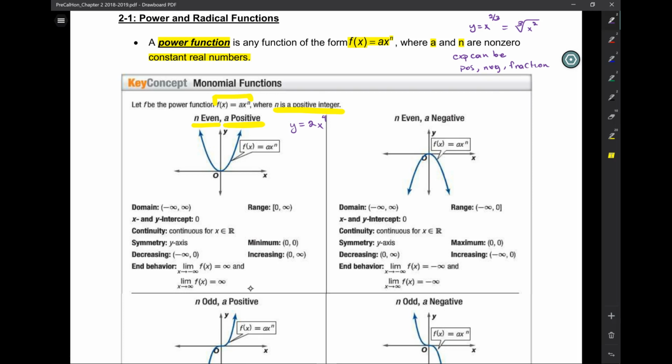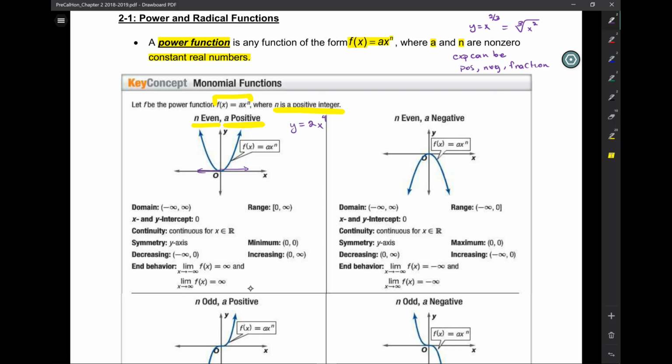Whatever value x is, y is going to be a positive number, because you're going to take x to the power of 4, it's going to be positive. Whether x is negative or positive, it's not going to make a difference. For both negative x's and positive x's, y is going to be a positive value.